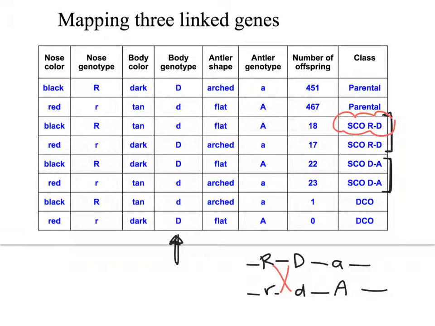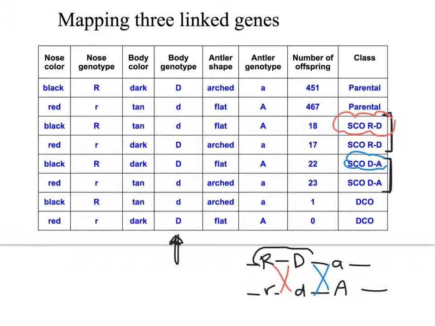Or you could have a single crossing over event between D and A, something like that. You could not have a single crossing over event between A and R without incorporating something to do with D. And hopefully at this point it's kind of obvious why you couldn't just draw that out.